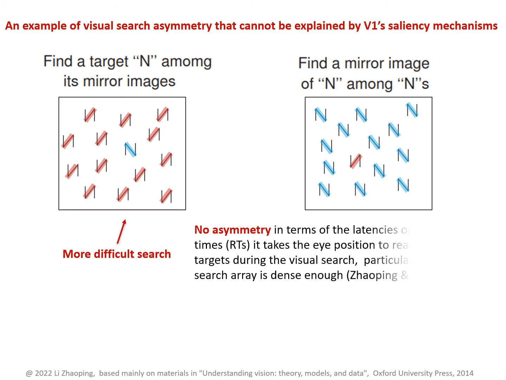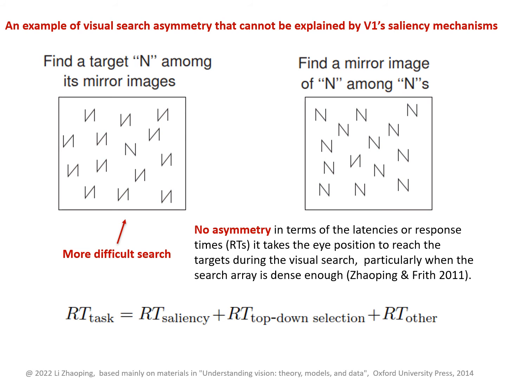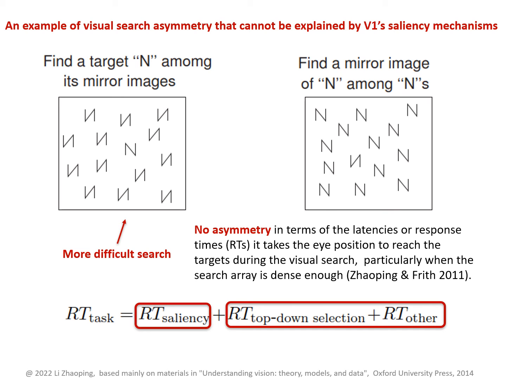It turns out that if we track observers' eye movements during their search and measure the response time, or reaction time, RT, for their eye gaze position to reach the target, then there's no asymmetry in these RTs. These eye position RTs are also quite short, since the target location is quite salient. The total time it takes for the observer to report that they have found the target includes a saliency component and a non-saliency component.